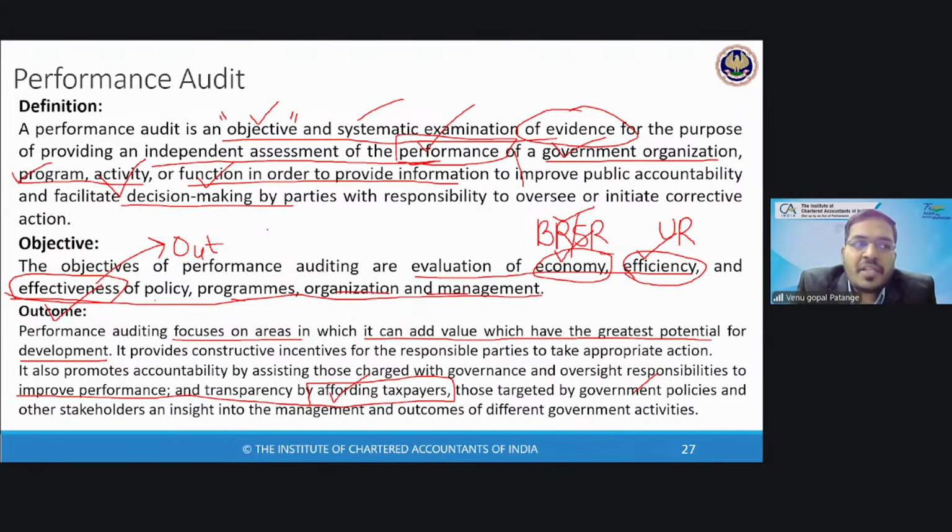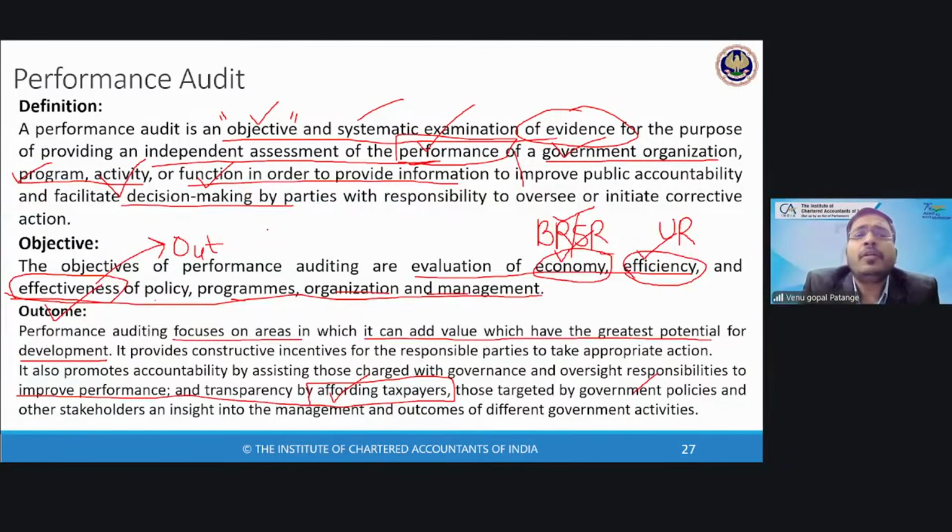A public representative making use of his vehicles for personal purpose, sending his family members on trips, where will you report that? In performance audit, right? So all these unnecessary expenditures have to be reviewed, curtailed and reduced. Otherwise, this public money will go to waste.